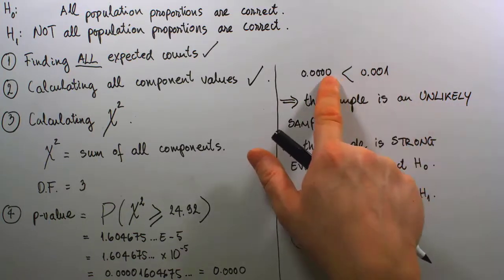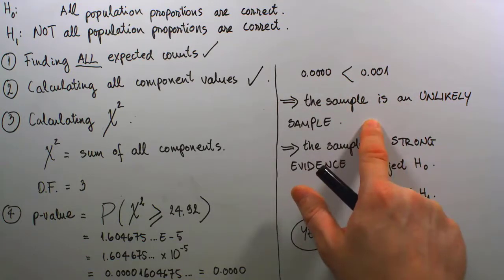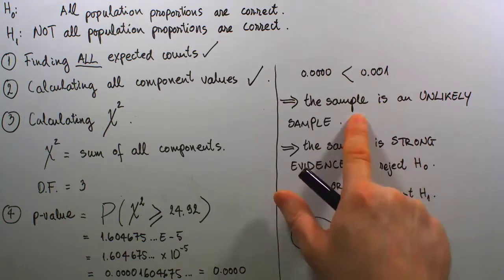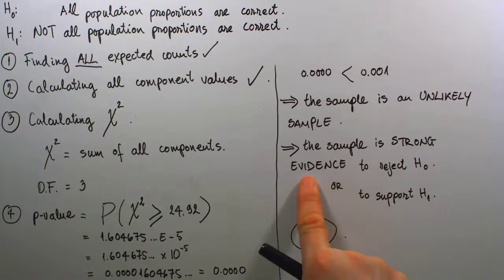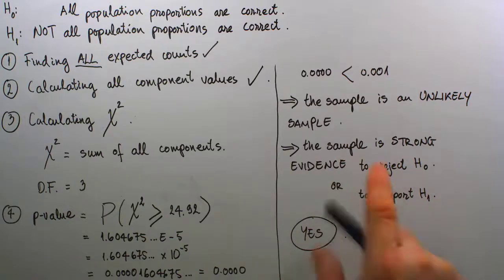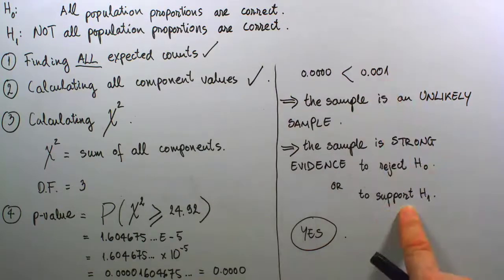That is the decision line for us to decide whether our sample is an unlikely sample or not. Being an unlikely sample leads to the fact that our sample is showing strong evidence for us to reject the statement in H sub 0 or support the statement in H1.